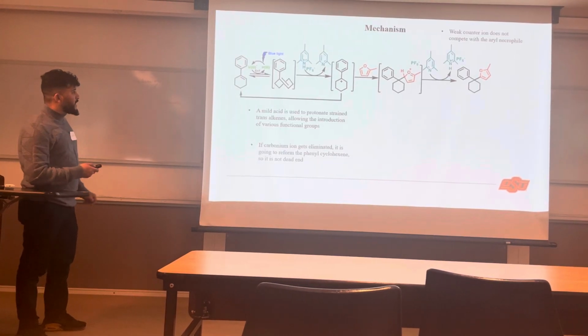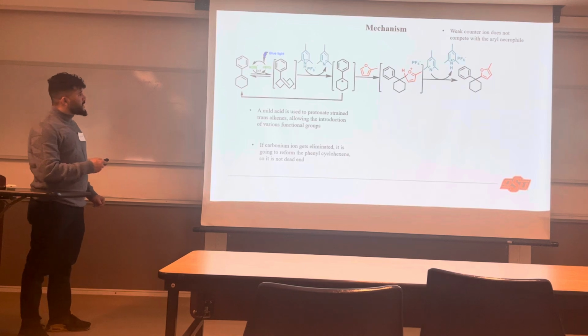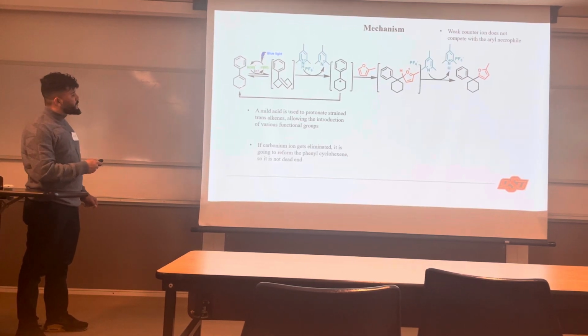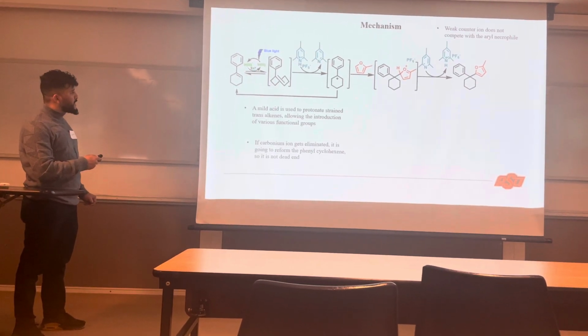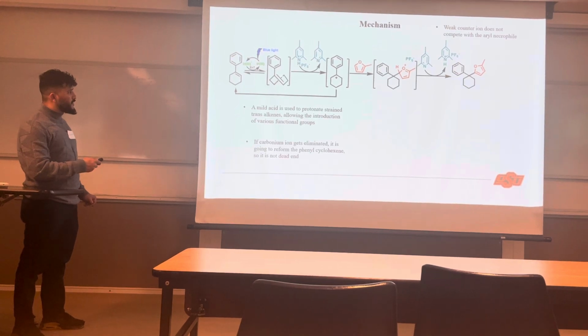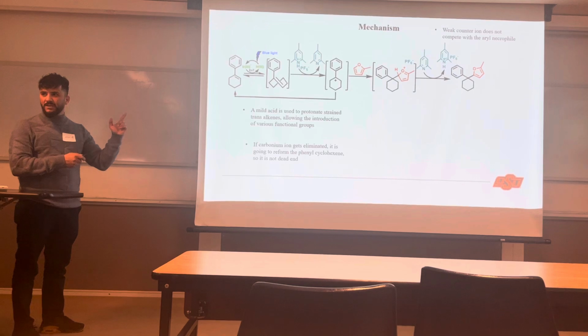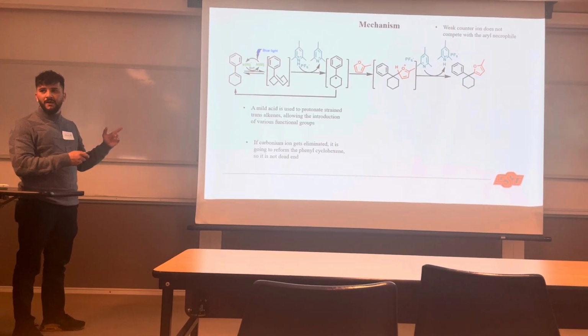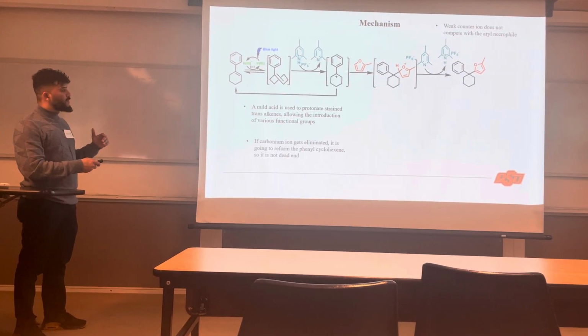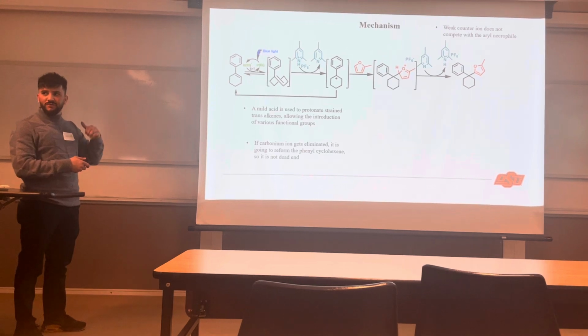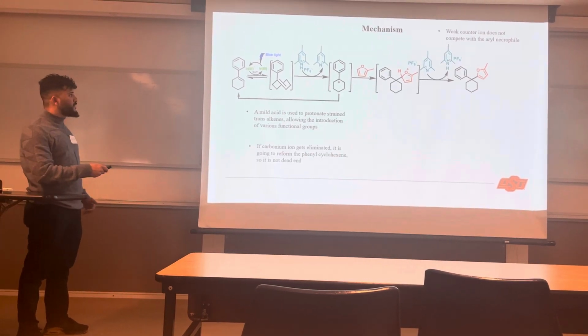The mechanism again, one more time: phenylcyclohexene absorbs the photo energy from the excited photocatalyst to form trans-phenylcyclohexene. This can get protonated by a weak base. That's exactly what we wanted to do, to expand the functional group tolerance to form the carbenium ion, because people in the past were using very strong acid to form the carbenium ion species.